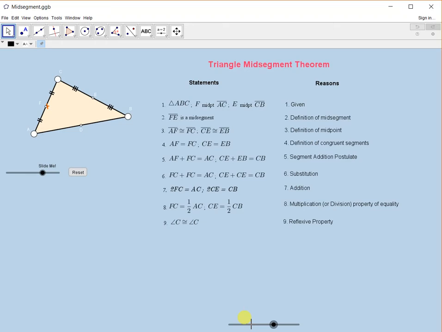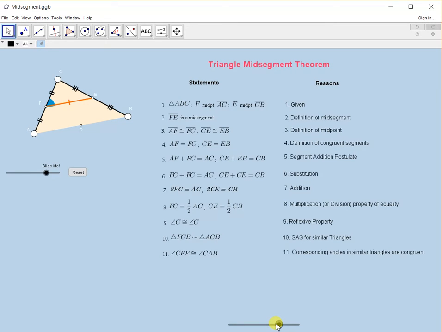This then shows that angle C is going to be congruent to angle C because of the reflexive property, and that triangle FCE, which is the top part, is going to be similar to the triangle ACB, using the side angle side for similar triangles.